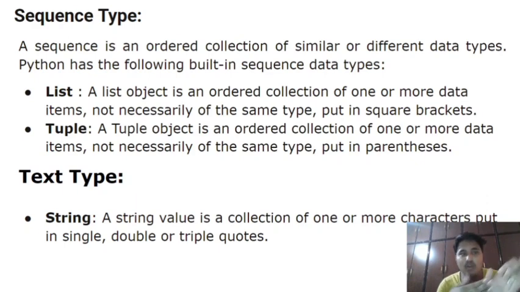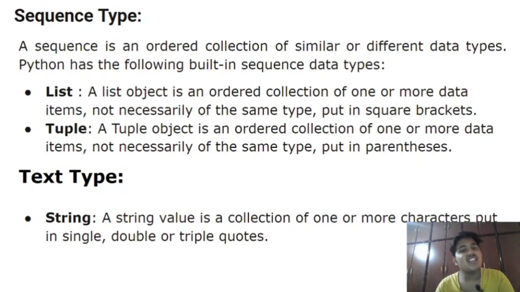After talking about number types, we have one more type, the sequence type. A sequence type is an ordered collection of different or similar data types. Python has the following inbuilt sequence types. The first one is list and the second one is tuple. List and tuple are sequences, ordered collections of elements. We can store different types.